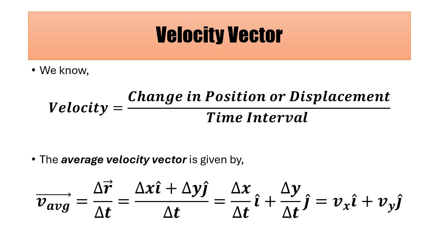Here delta x by delta t, which is the change in position with respect to the x-axis divided by the time interval, gives us the velocity along the x-axis.